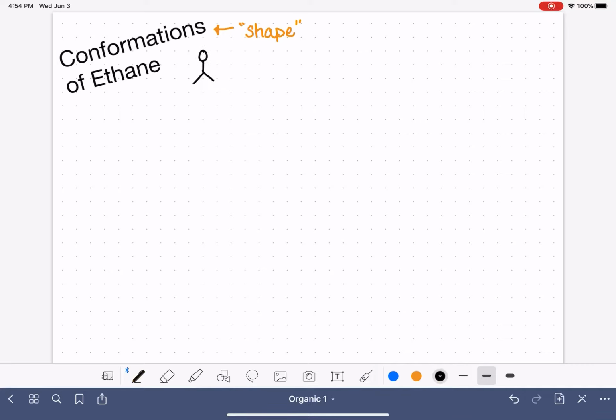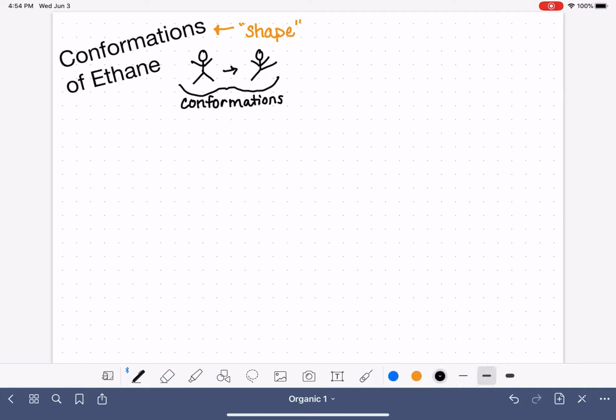You as a person, I'm going to draw a stick figure here, can freely kick one of your legs up into the air. And so these would be two different shapes or conformations of a human. And you kicking one of your legs up in the air does not change the fact that you're a human or change who you are as a human. It's just a different shape that you can take.